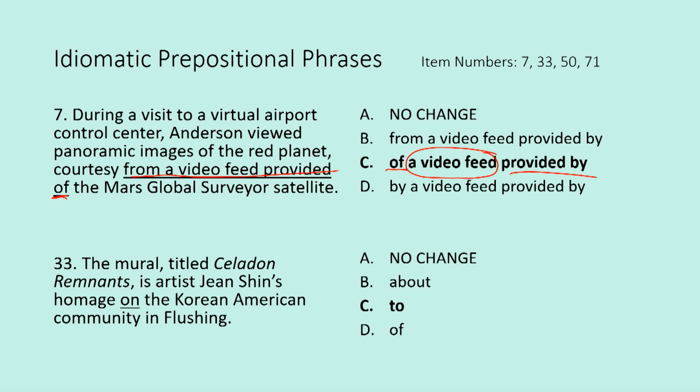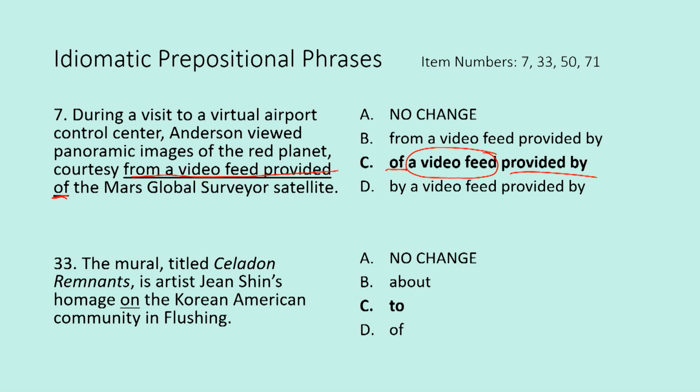I don't even know how to identify them other than it just doesn't sound right. And I know I've told you that sometimes you can't always go off of the way things sound, but on these that test your idiomatic prepositional phrases, it's what they sound like. So let's look at 33.